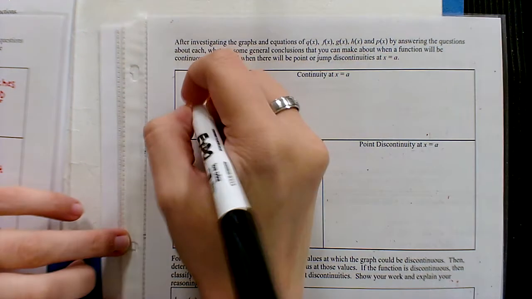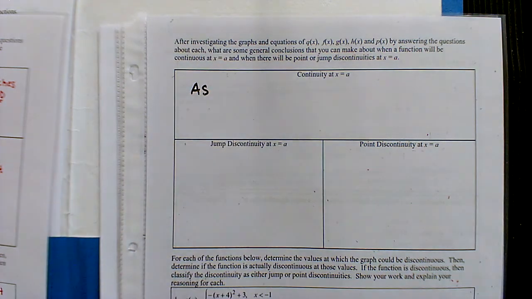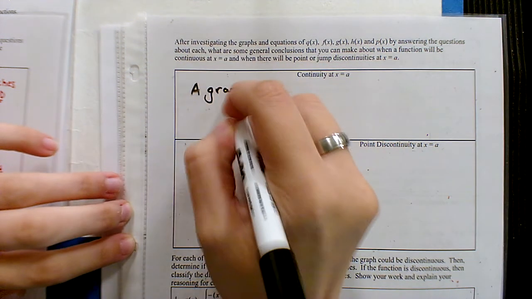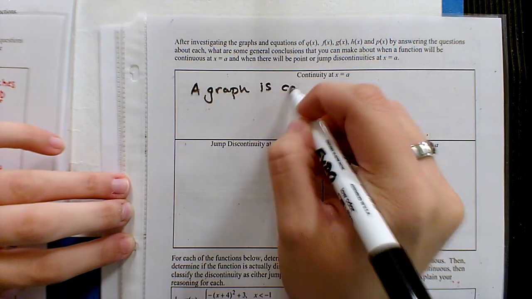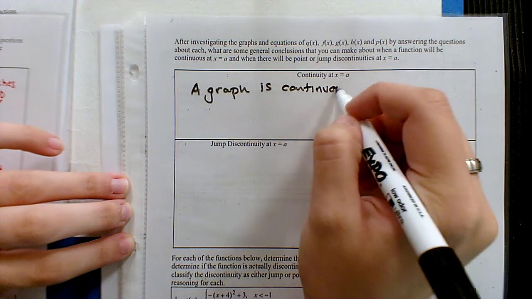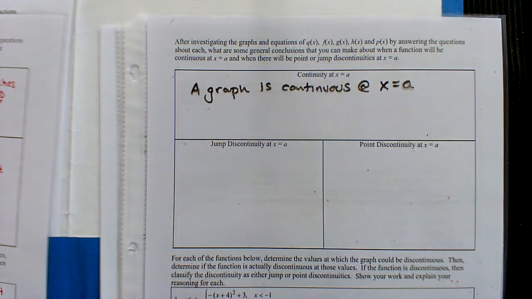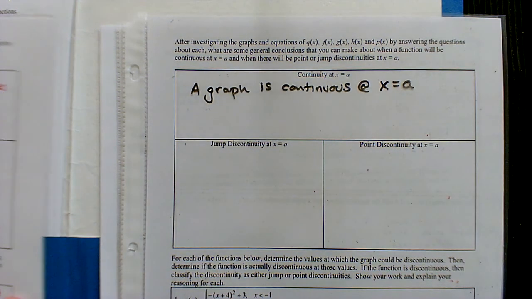All right, so let's formally define continuity. You can think about it as drawing a graph without lifting up your pencil, but mathematically, we have to have two sides meeting at a closed circle. So we'll say a graph is continuous at some x value. Sometimes we use x equals a.